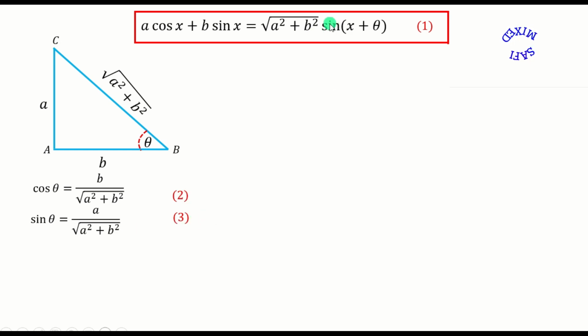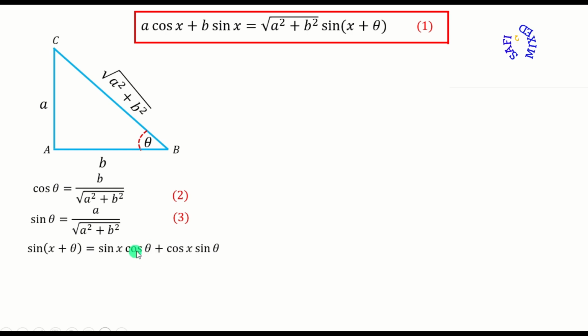Now, consider this function sine of x plus theta, and we use the trigonometric relation of sine of a plus b to write sine of x plus theta equals sine of x cos of theta plus cos of x sine of theta.